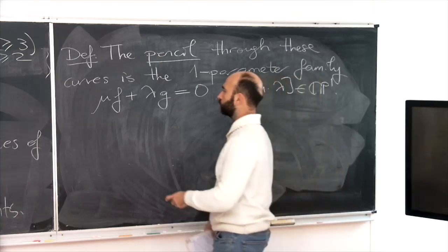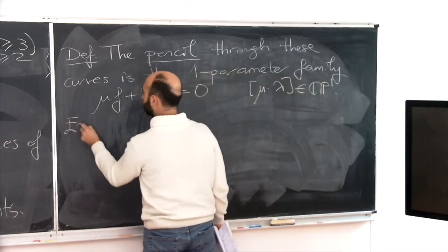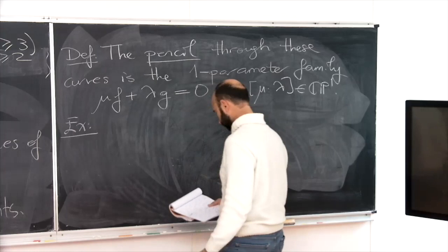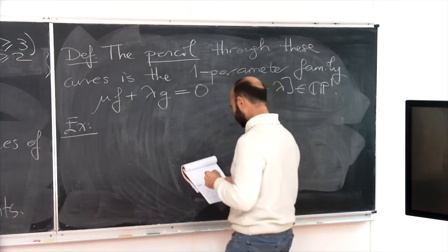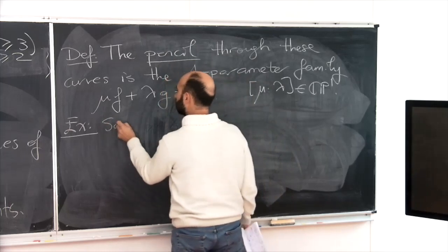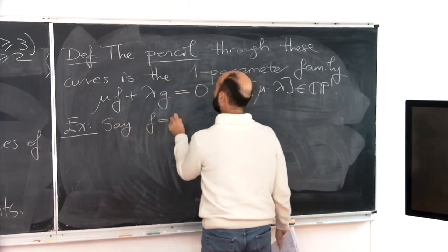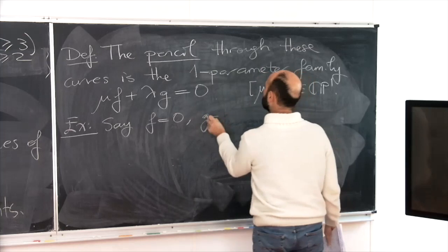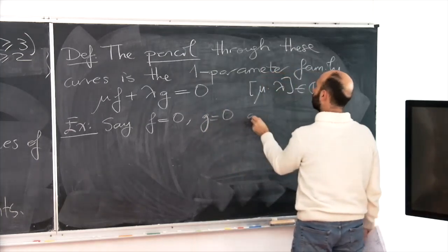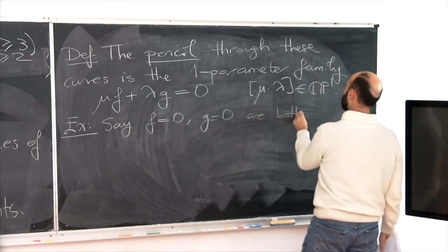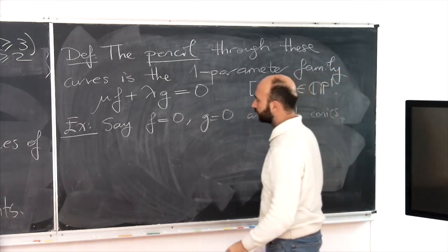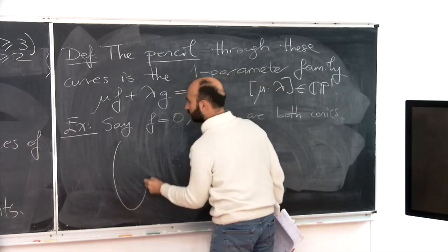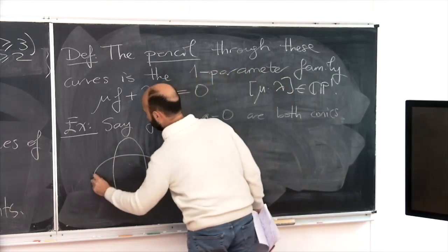It's, I think, worthwhile to draw a very basic example again. So take them both to be degree 2, so both are plane conics. This gives you a familiar picture from analytic geometry.